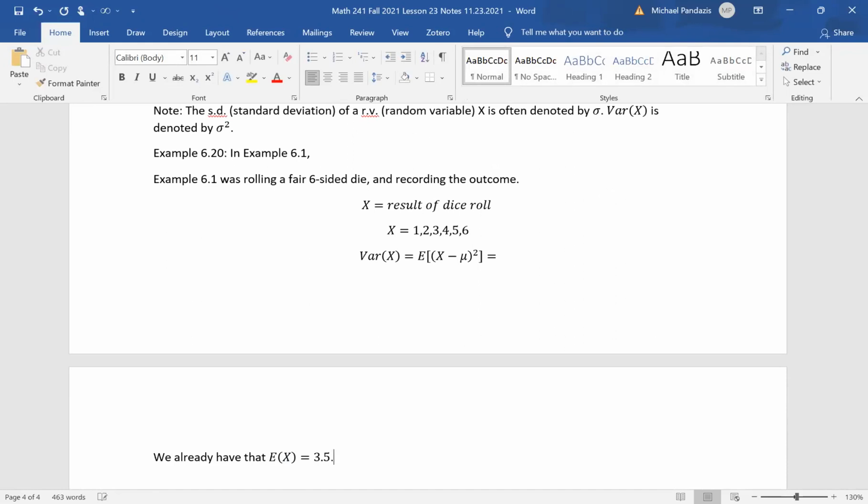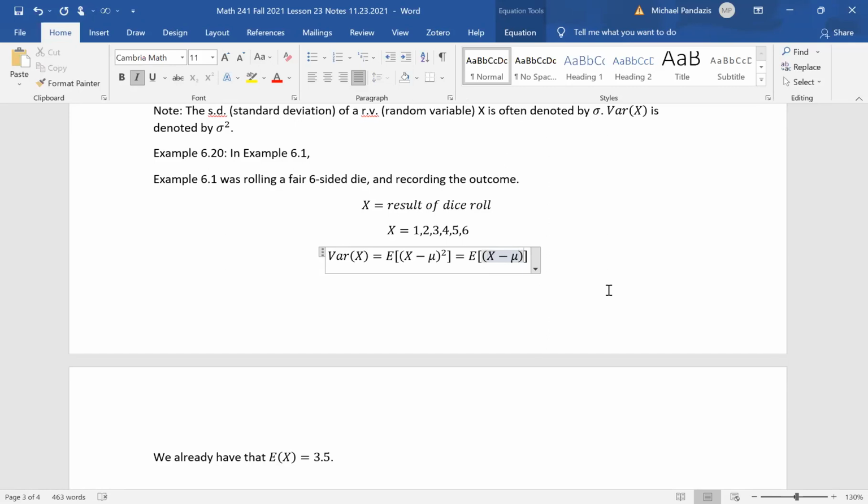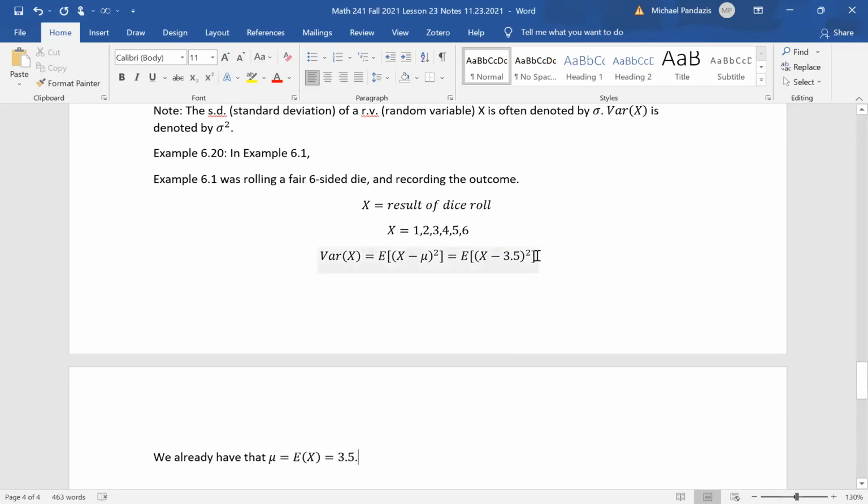You can calculate it and it's 3.5. So mu, remember, is the expected value, which is 3.5. So you want the expected value of X minus 3.5 squared.